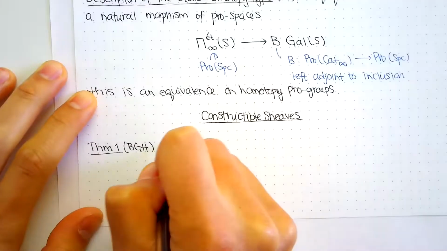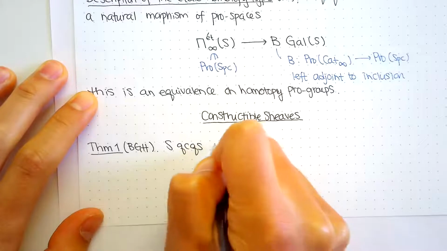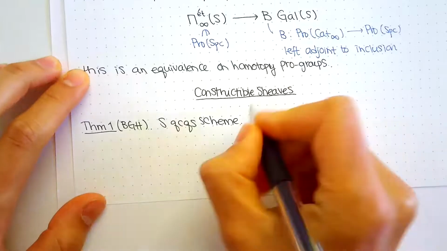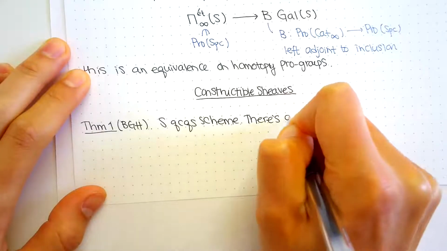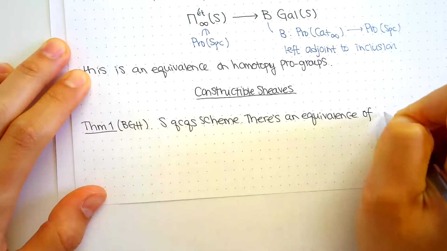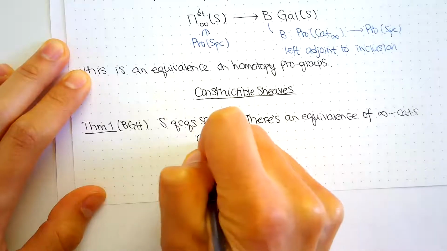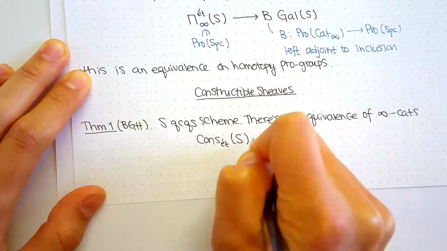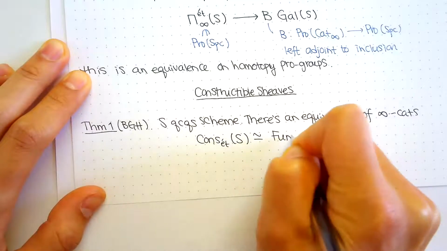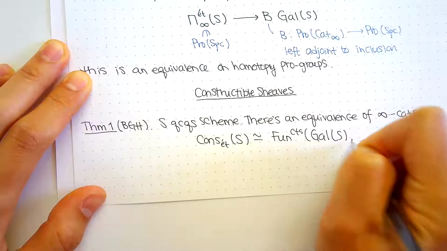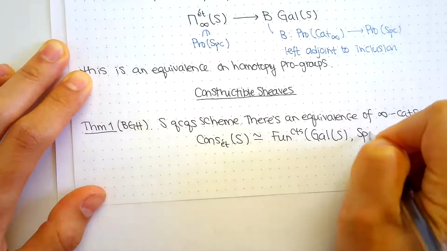So again, S is going to be a QCQS scheme, and the theorem is that there's an equivalence of infinity categories between, on the one hand, constructible Étale sheaves of spaces on S, and on the other hand, these functors extended to pro-objects from this pro-ordinary category to pi-finite spaces.